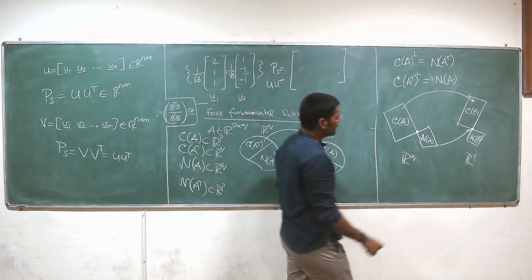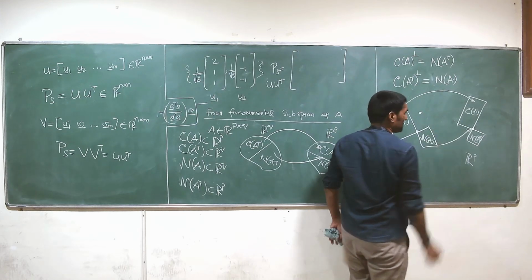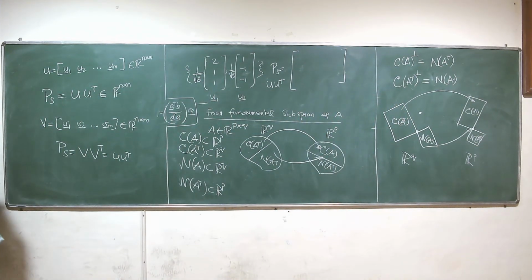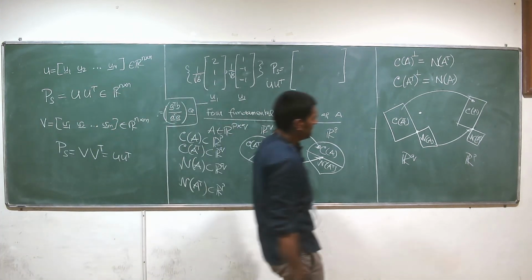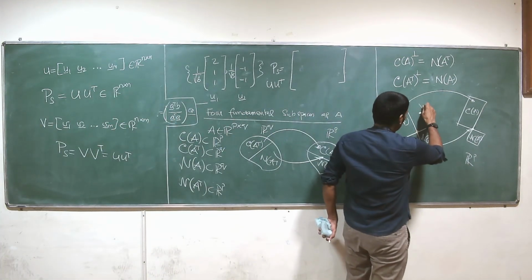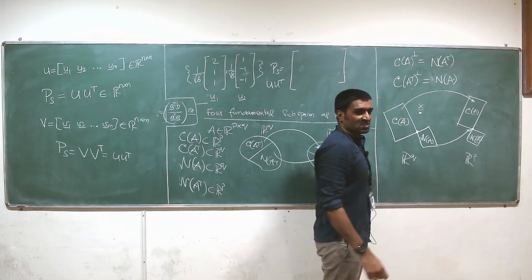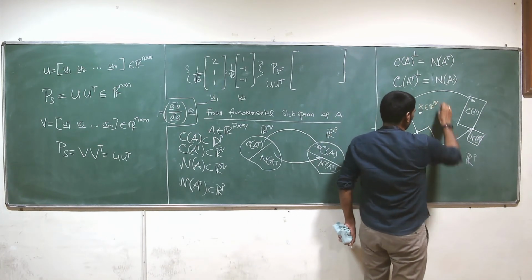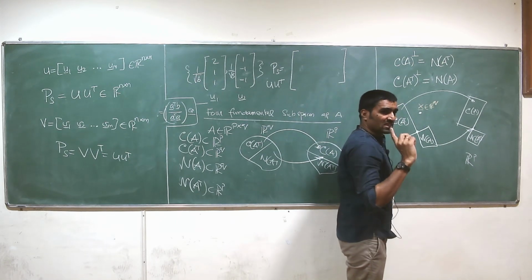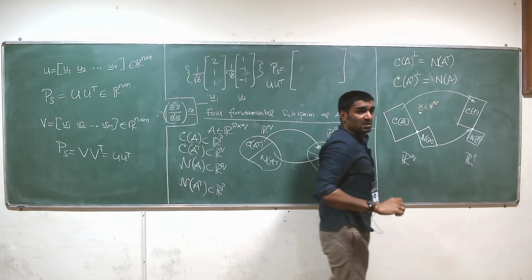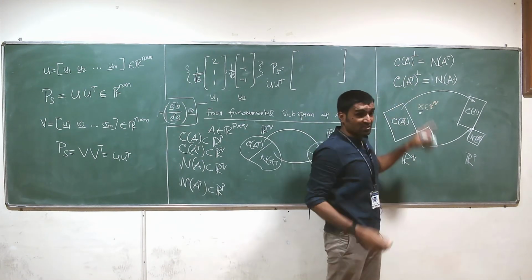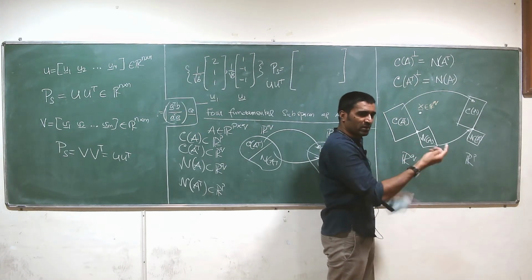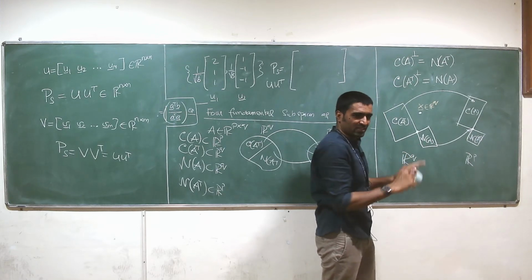Now, if you choose any element from RQ, let's say X from RQ, we saw yesterday that if you have orthogonal complements, you can write any vector from the parent space uniquely as a sum of two components, one from each of the two complementary subspaces.